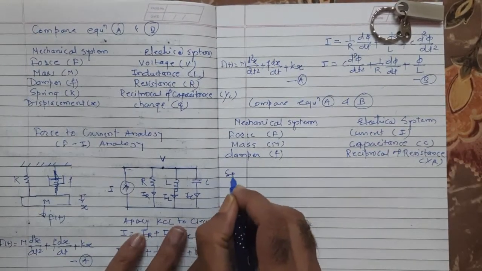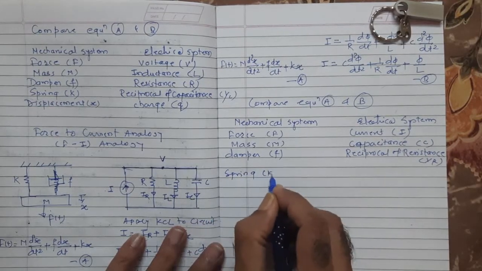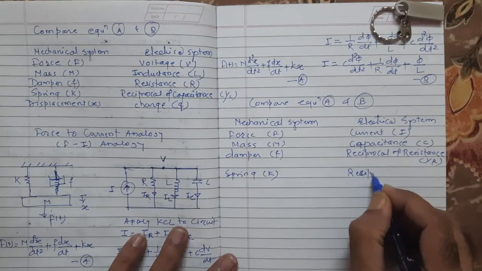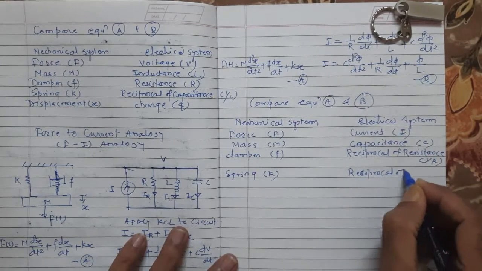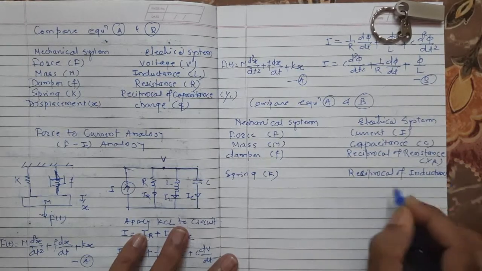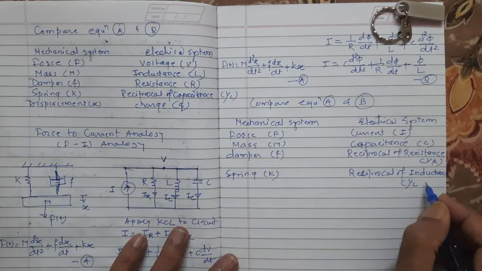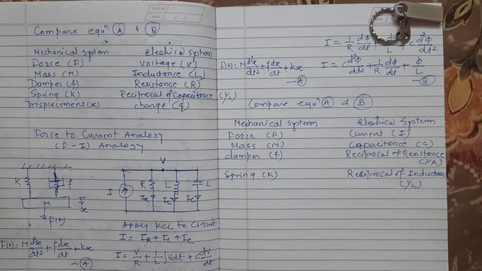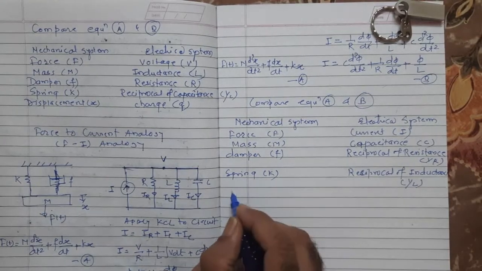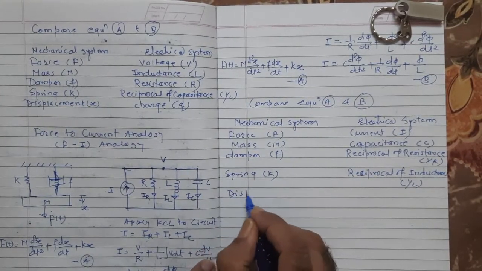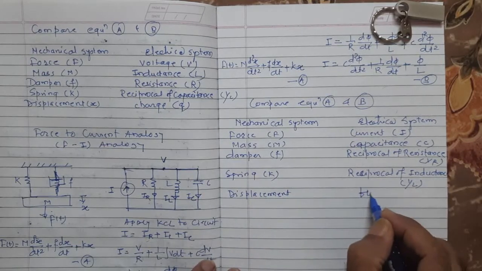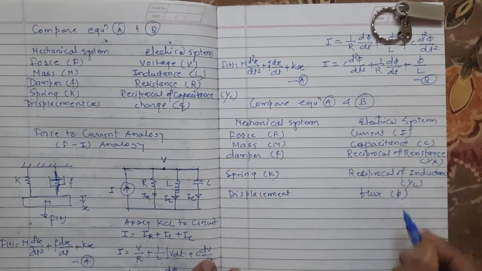Here is the spring, that is K, and here is the reciprocal of inductance, that is 1 by L. Here is the displacement x and here is the flux phi.